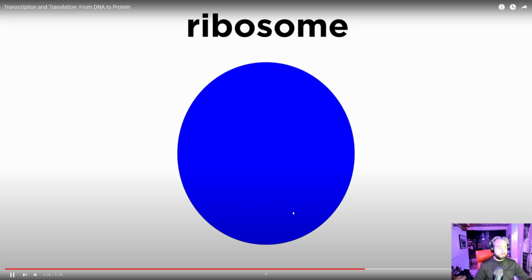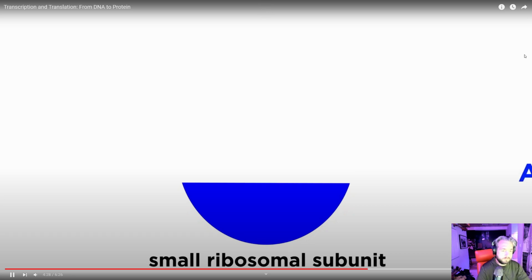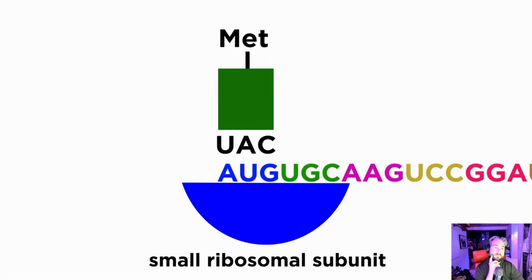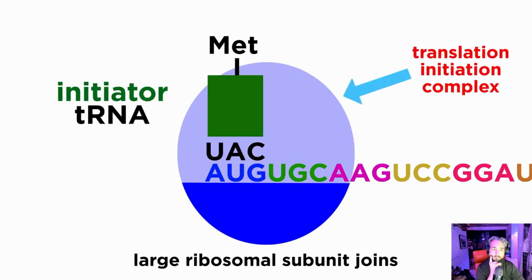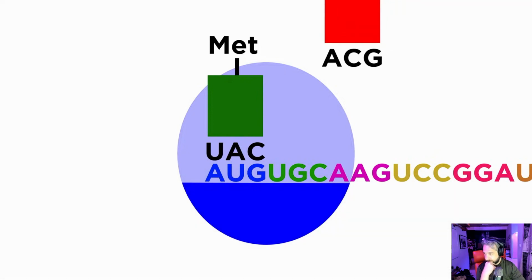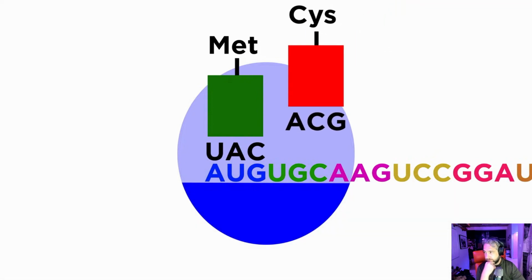Translation will occur inside a ribosome. The small ribosomal subunit binds... This part's important when we start talking about how the vaccine actually manufactures the proteins. ...to an mRNA and an initiator tRNA, which adheres to the start codon. Then the large ribosomal subunit joins to complete the translation initiation complex. Then the tRNA that corresponds to the next codon after the start codon will enter the ribosome.